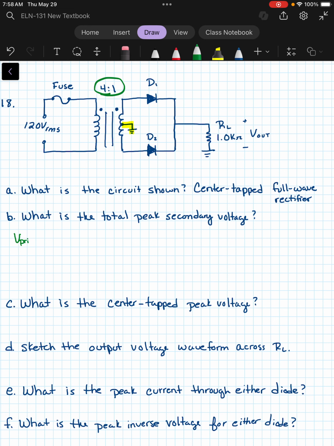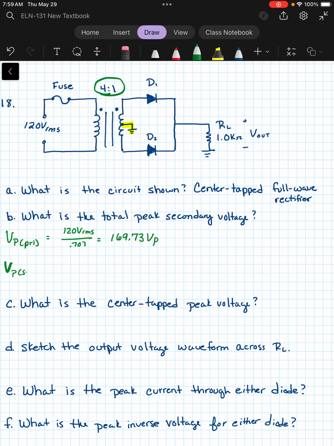I'm going to keep this in green. We want the V peak of the primary side. So that is going to be the 120 volts RMS divided by 0.707, which is 169.7 or so V peak.